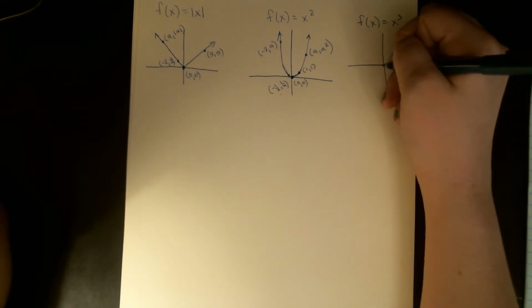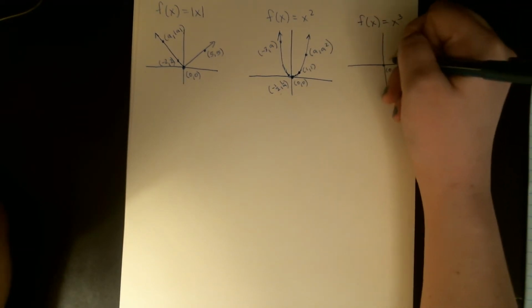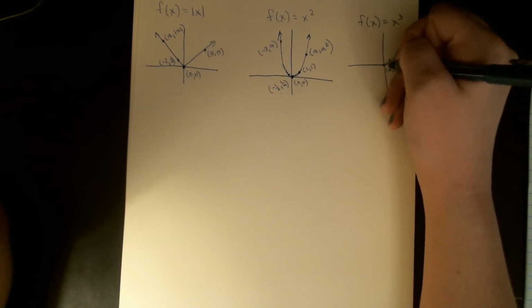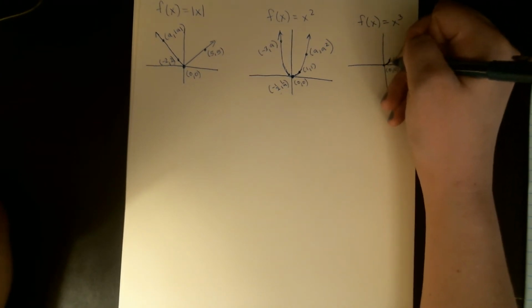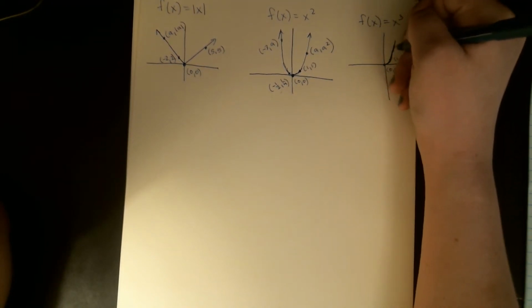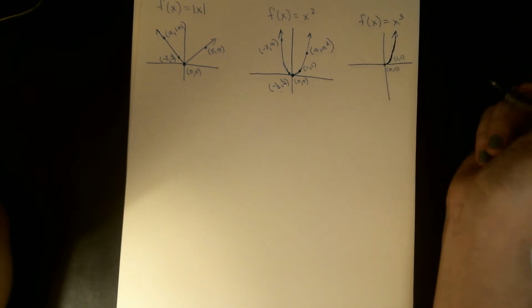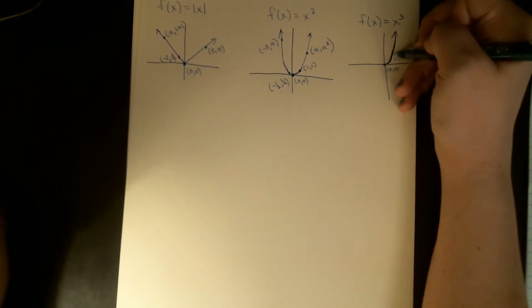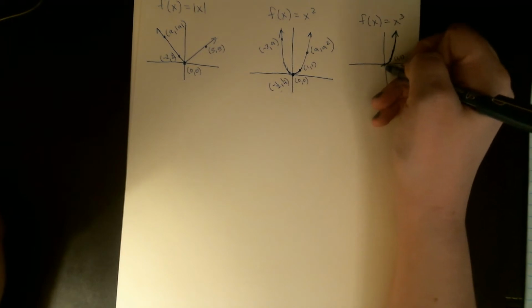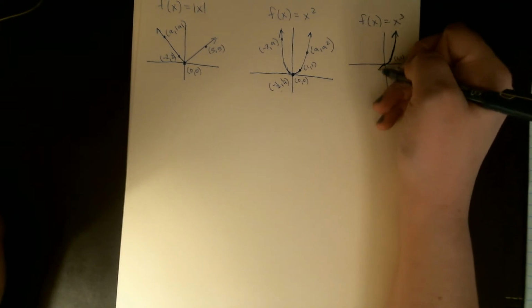than x squared. So if we say this is 0, 0, and this is 1, 1. Again, a little bit flatter than x squared, and then a little bit steeper than x squared as we head off. Mine's not looking very pretty. And then instead of getting a mirror across the y-axis, instead we'll be getting stuff down in quadrant 3.